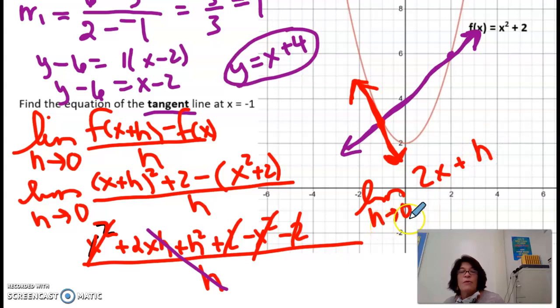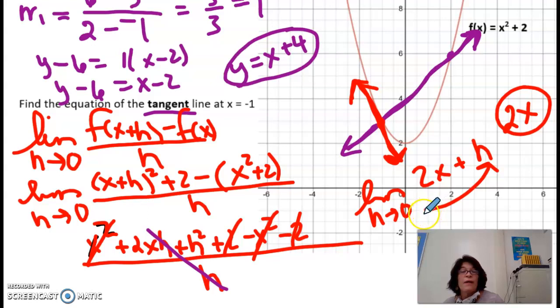When h approaches 0, I'm letting h get smaller and smaller, closer and closer to 0, so I can put 0 in for h here. I'm going to evaluate the limit, and I'm going to get 2x.